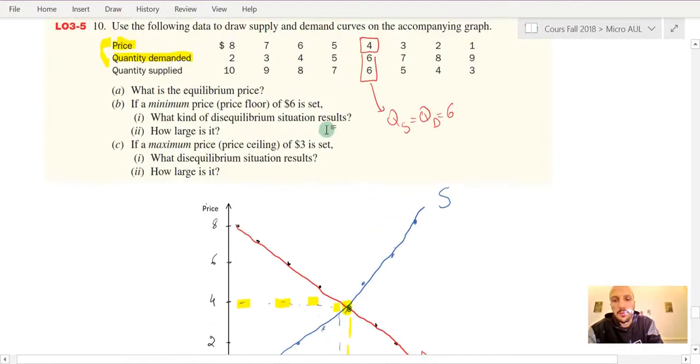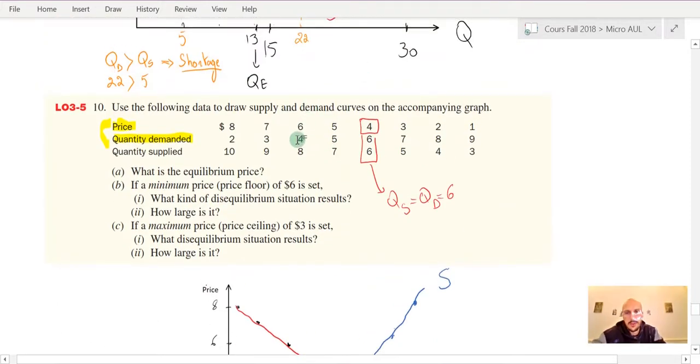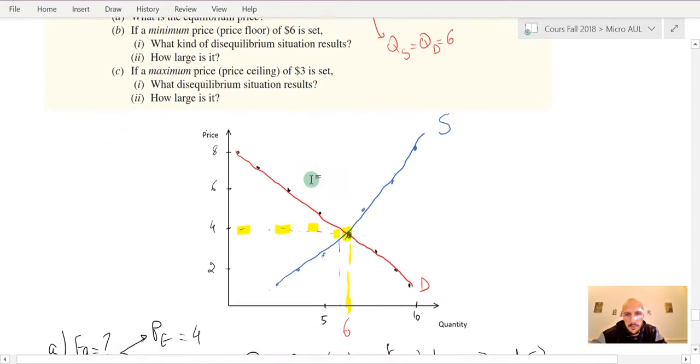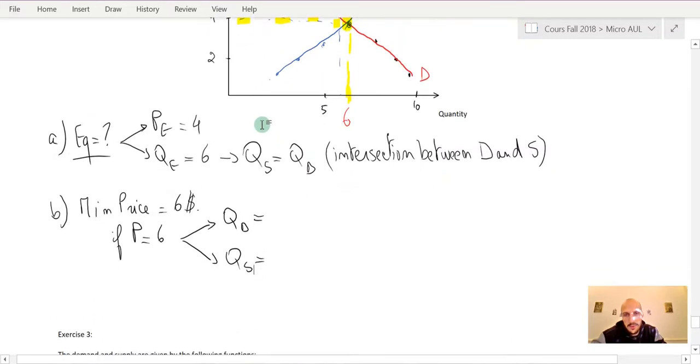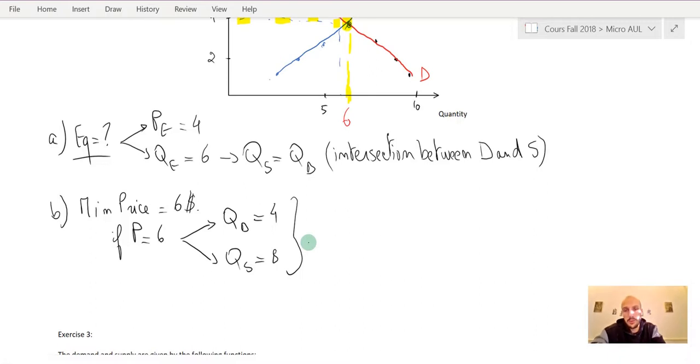So here the quantity demanded at price equals 6 is 4, and the quantity supplied is 8. So we are in a disequilibrium situation, because we are originally away from price equal 4.